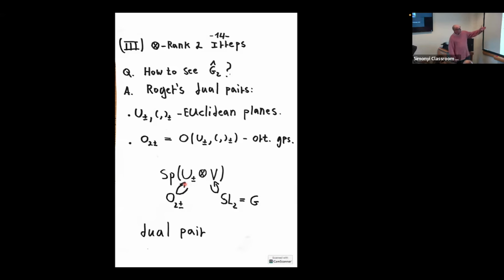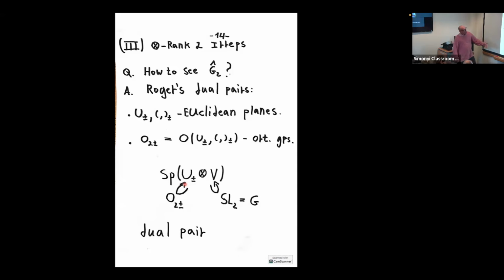In the case of the hyperbolic plane, I call it U plus, and the other I call U minus, and the associated form I denote by parenthesis plus minus. Now, to this data, you can associate the orthogonal group, just the group of invertible maps that act on U and preserve the form.